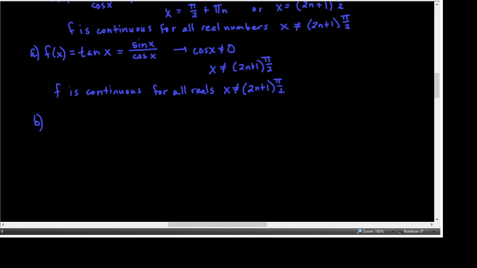Okay, g of x is defined as a piecewise function to be sine of 1 over x, as long as x is not 0, but equal to 0 when x is 0.